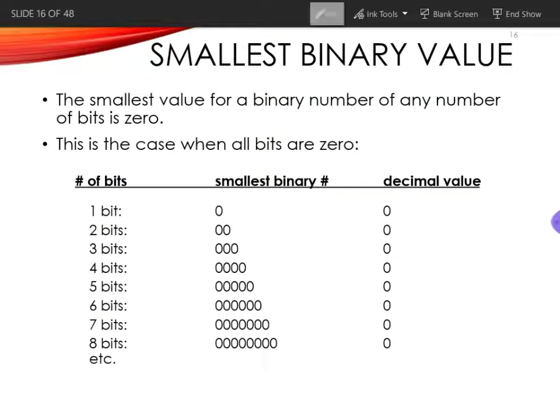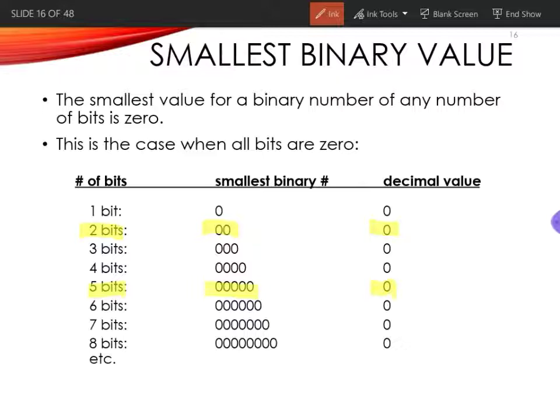So the smallest binary value, irrespective of the size of the binary number, would be all zeros. So let's say if we have 5 binary digits, and if all of them are zeros, the decimal equivalent is 0. If we have 2 bits, if we have both of them as 0, the decimal value is 0.